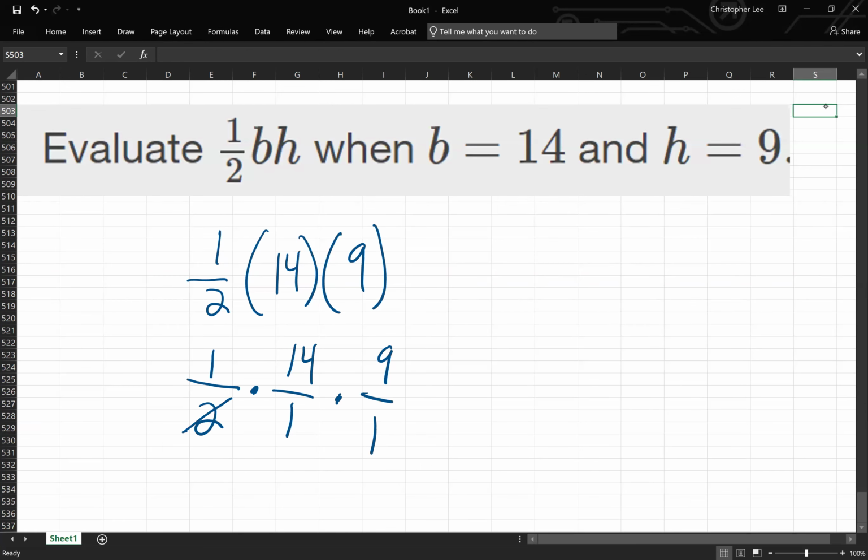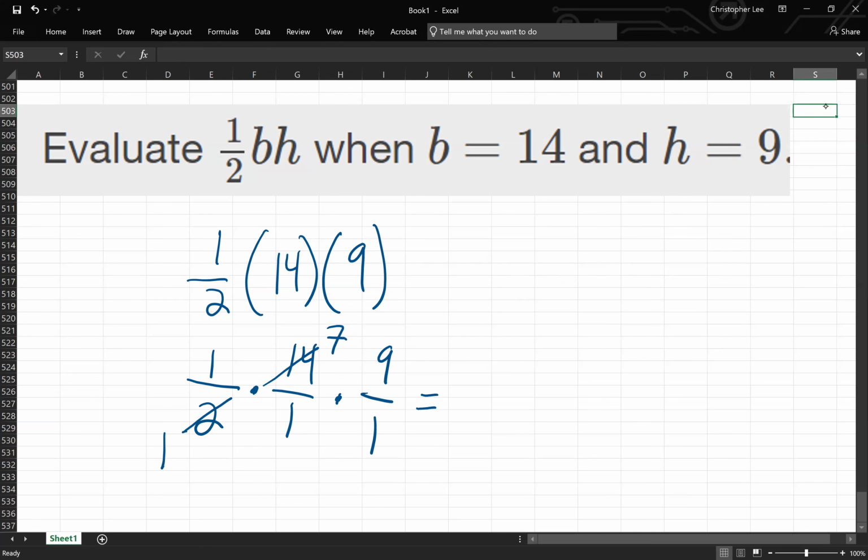So 2 goes into 2 once, and 2 goes into what? Which one? 14, how many times? 7, all right? Because 7 times 2 is 14, right?